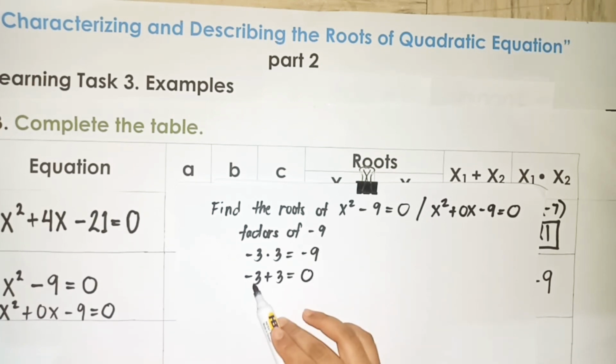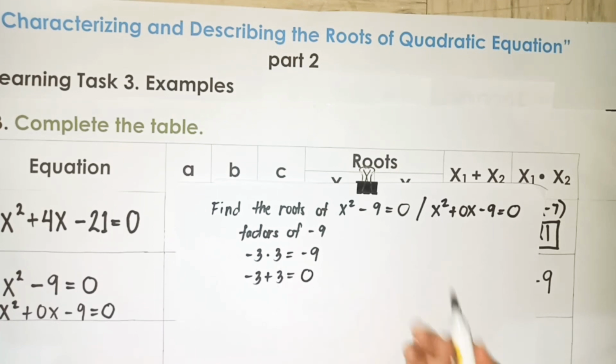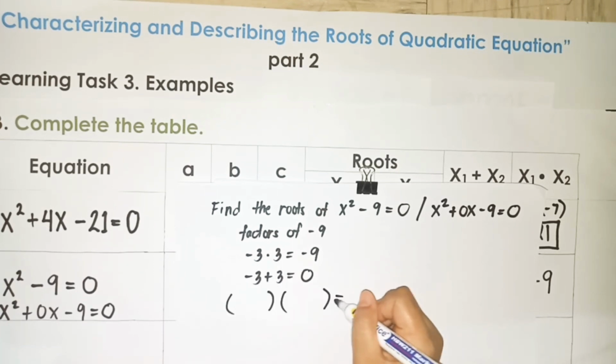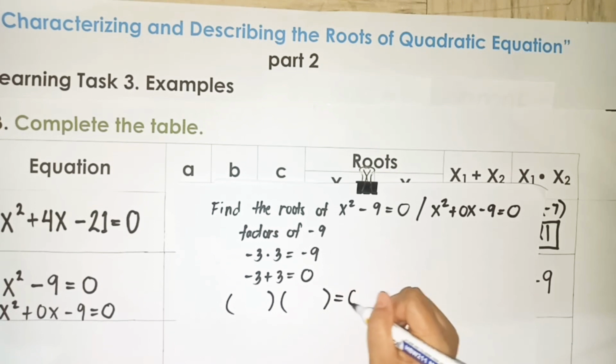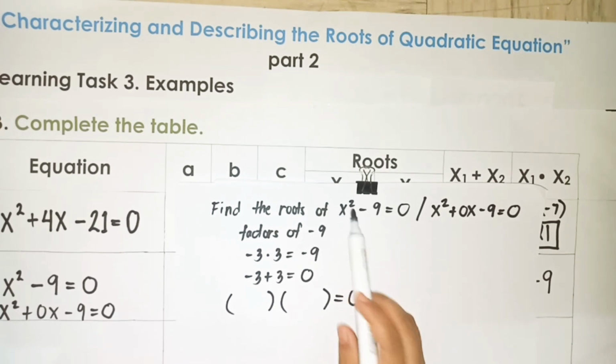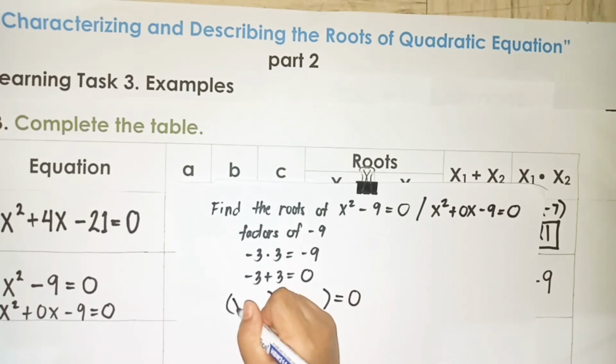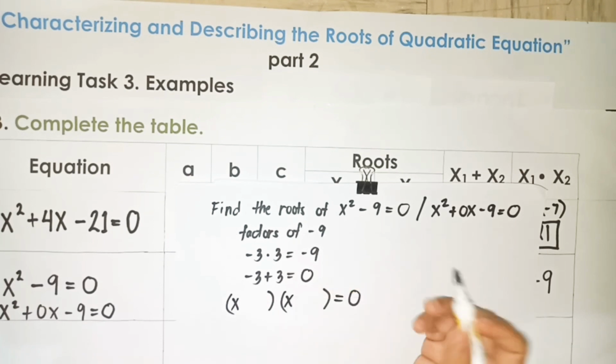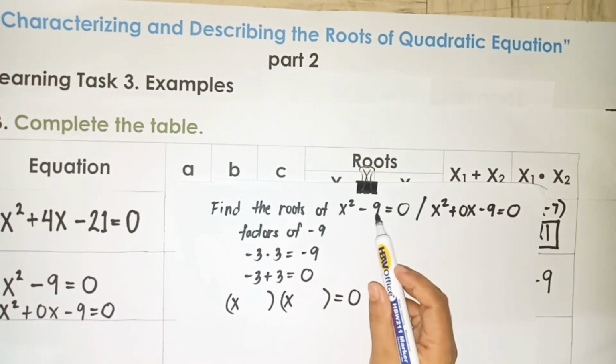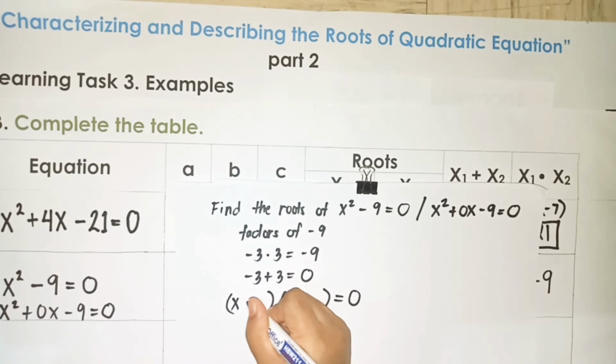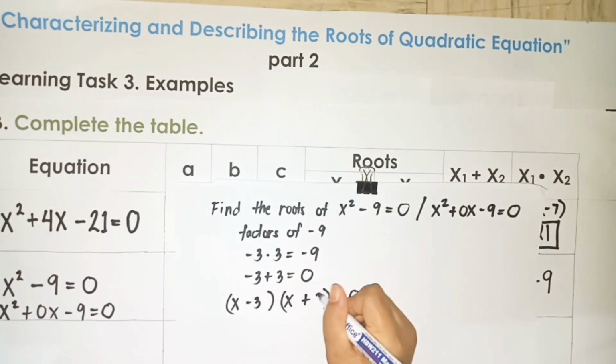So, meaning to say, these are the factors that we are looking for. So, we factor the equation. Don't forget the 0. x squared can be factored as x times x, and the factors of negative 9 are negative 3 and positive 3.